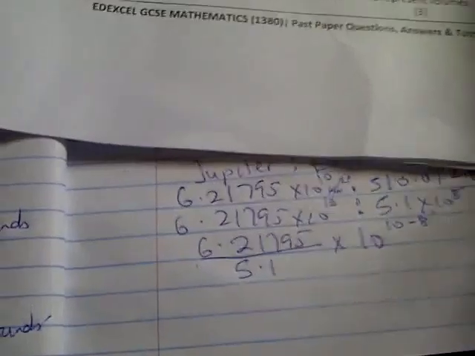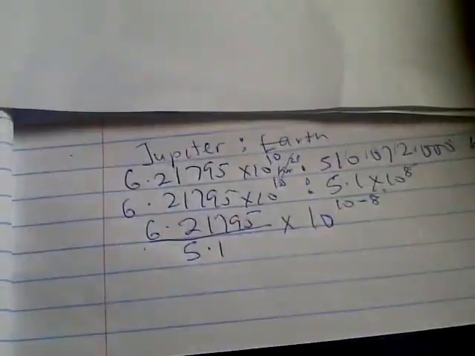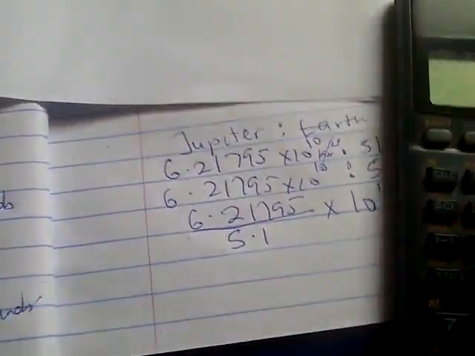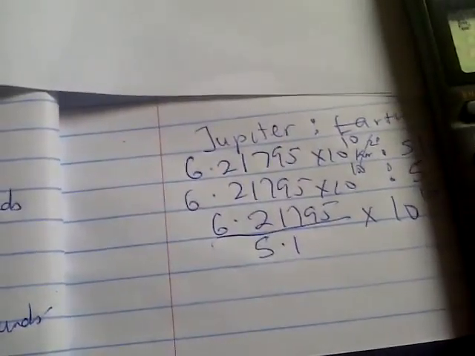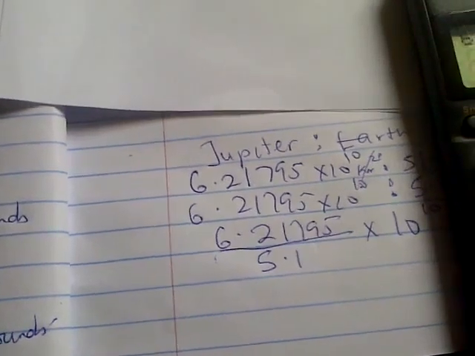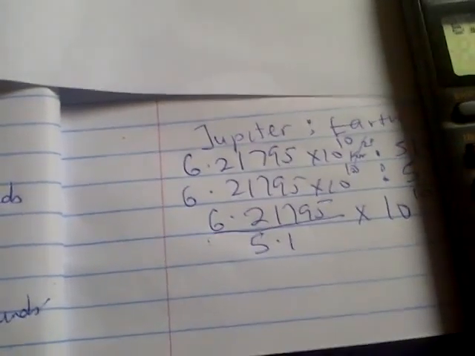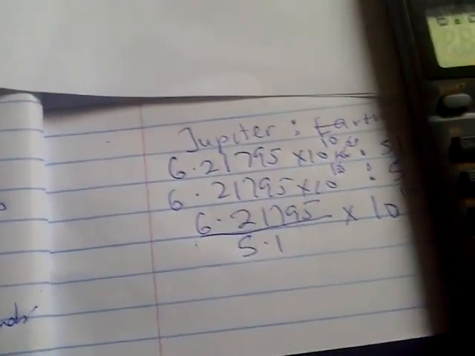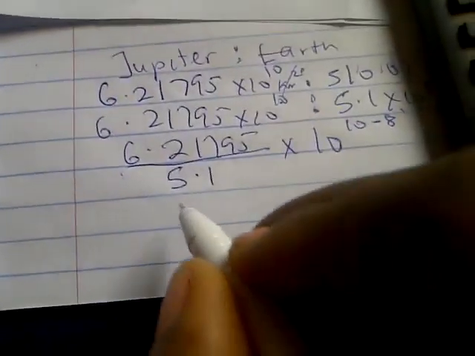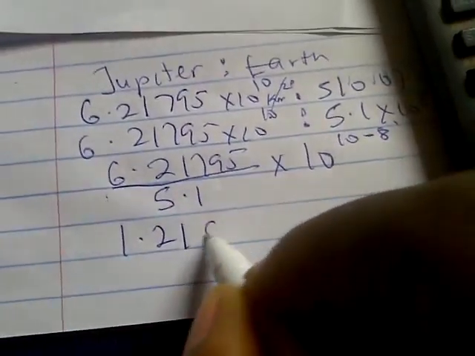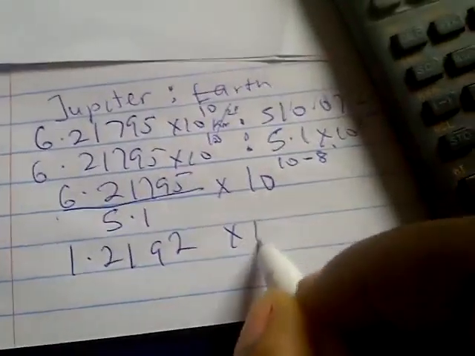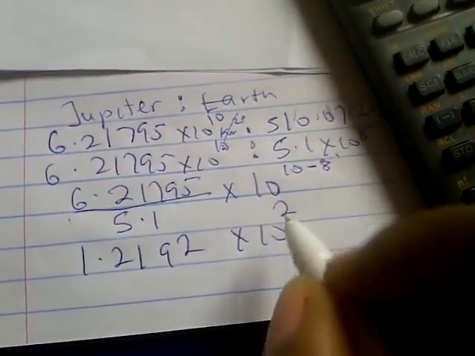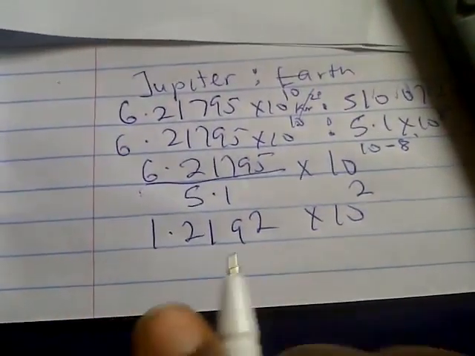Now using our calculator we'll be able to find this. That's 6.21795 divided by 5.1. We'll have it as 1.2192 times 10 raised to the power 10 minus 8, which is 2.